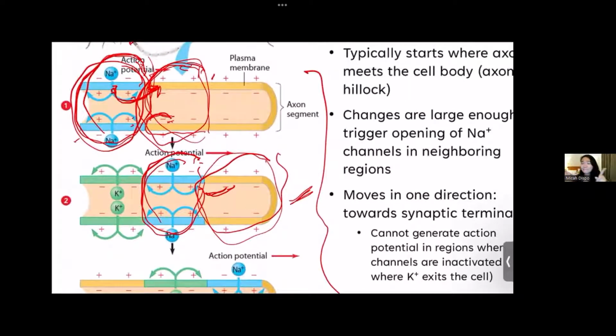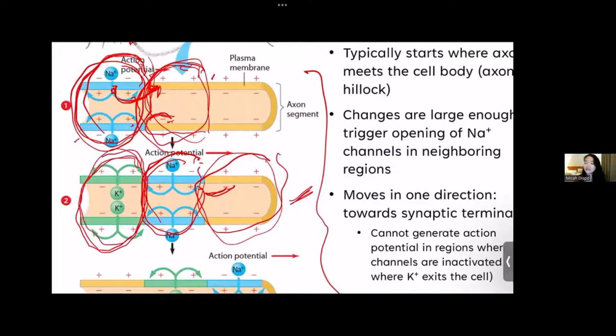So one way yung movement nila. And basically, this is because, recall that during the repolarization phase, the sodium-gated channels become inactivated. Na-inactivate yung mga sodium-gated channels dito. All right?